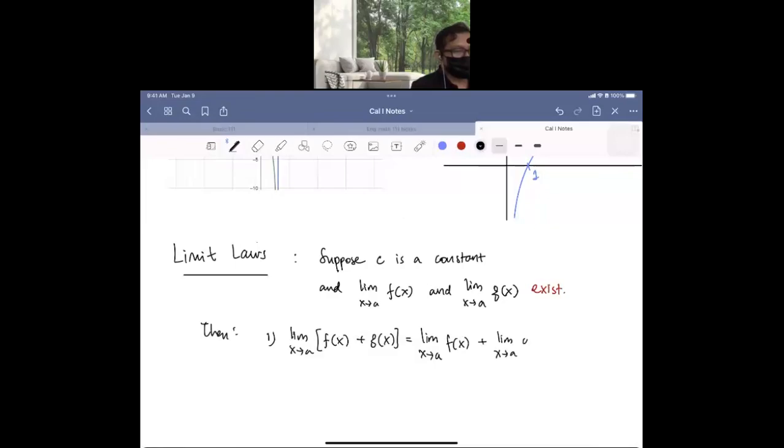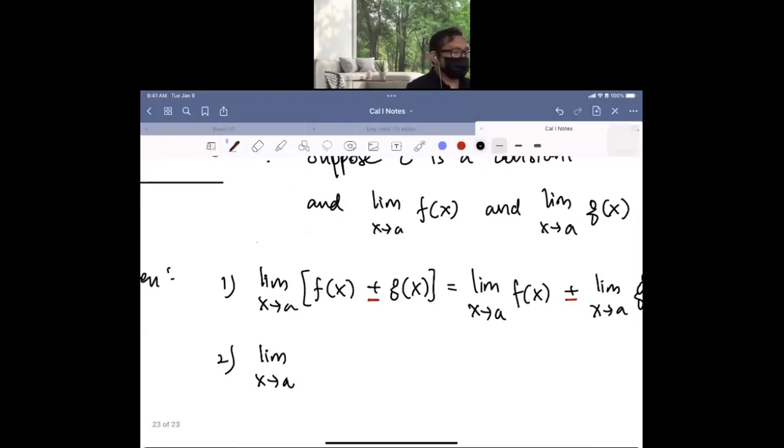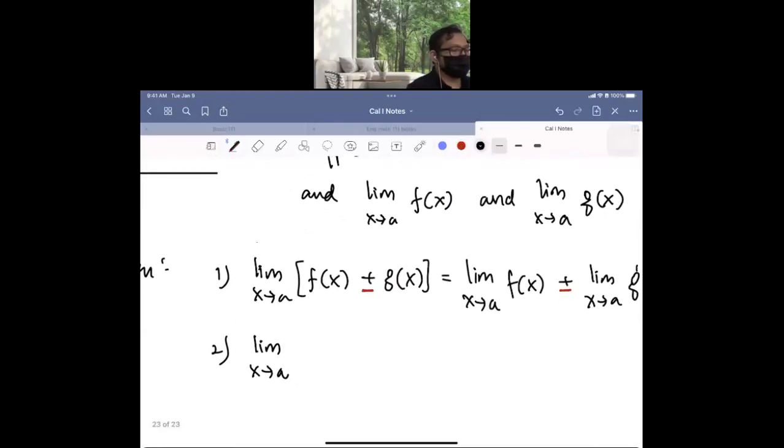Okay. If I write with underline this positive sign here, it means that it also works for subtraction. So adding and subtracting usually work reversibly. If you have a constant, you can factor out the constant.